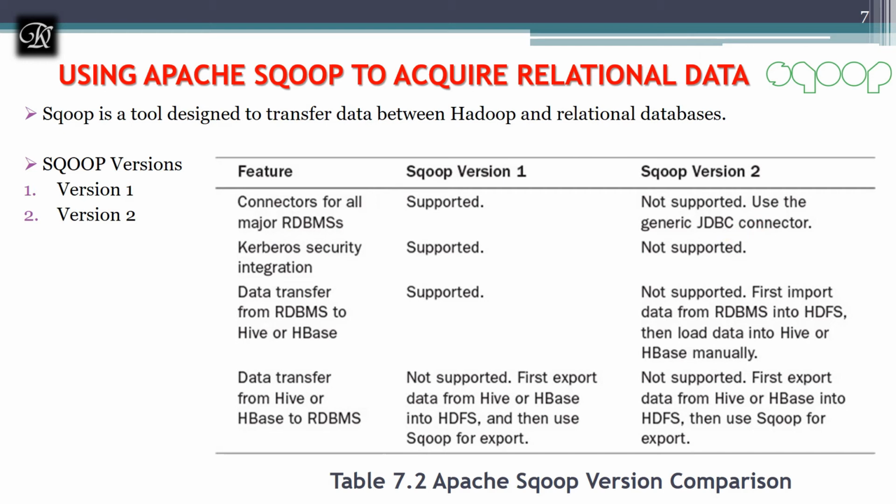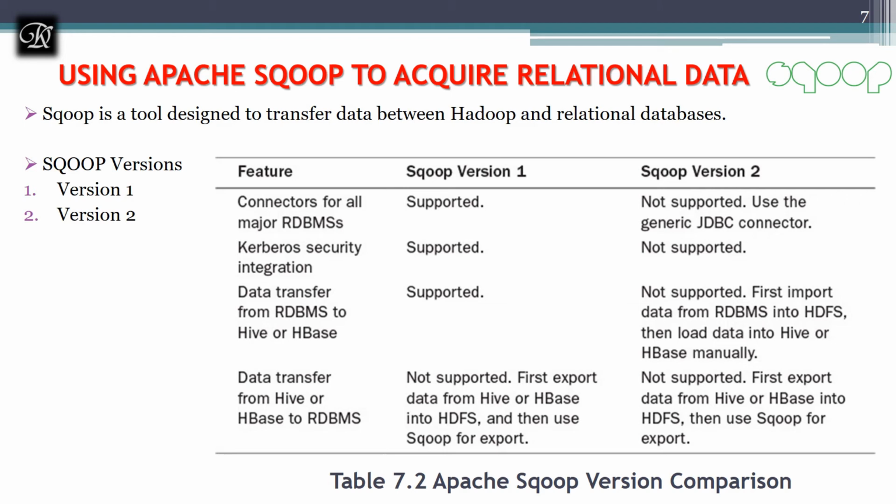Generic JDBC connector or ODBC connector we have used. With that, we established the interface between the front end and the back end, and we made the front end communicate with the back end and extract the data, whatever we ask. But this is not supported in Sqoop version 2. But in version 1, they support it. Then how do they give the facility over here? For that, they have another tool which is integrated with it, which we will be studying next.